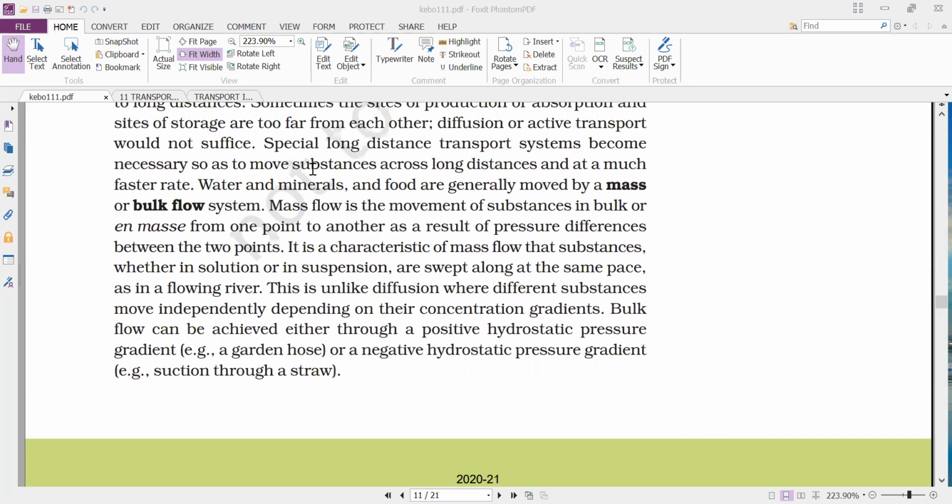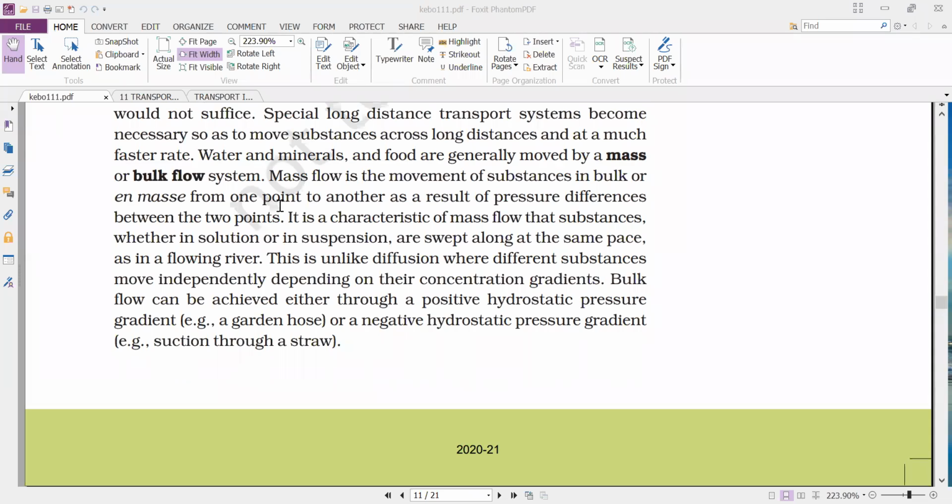That's why there should be some mechanism present in the plants, which is not only involved in the long distance transport, but also transports the substance much faster.